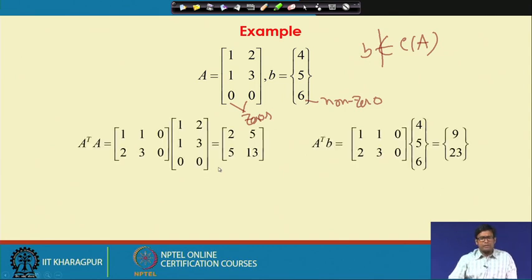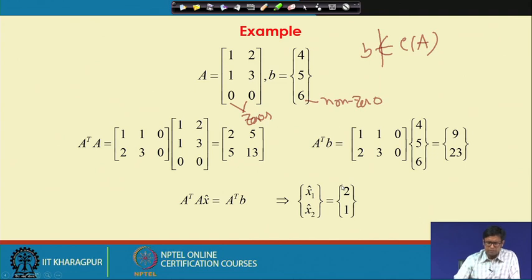So, we find A transpose A, which is 2 5 5 13, and A transpose b is 9 23, and A transpose A x tilde is equal to A transpose b, which gives us x 1 tilde, x 2 tilde is equal to 2 1. So, this is what we will say is the best estimate of A x is equal to b.